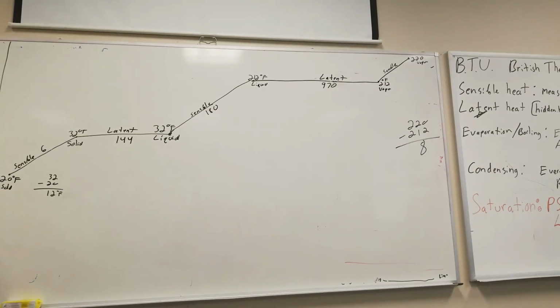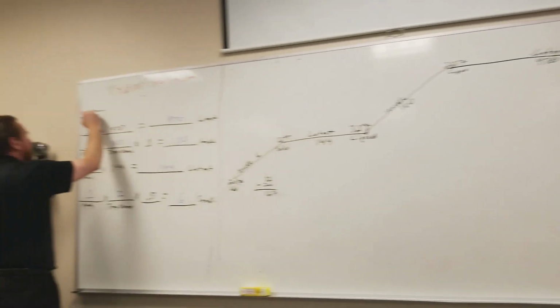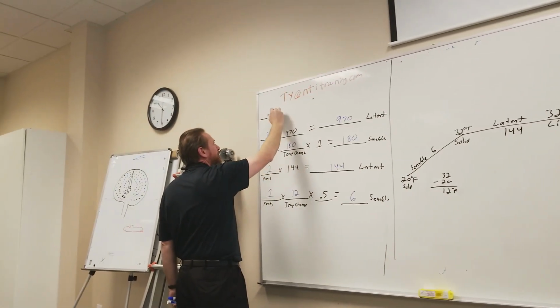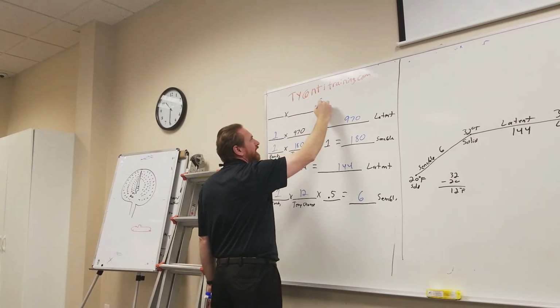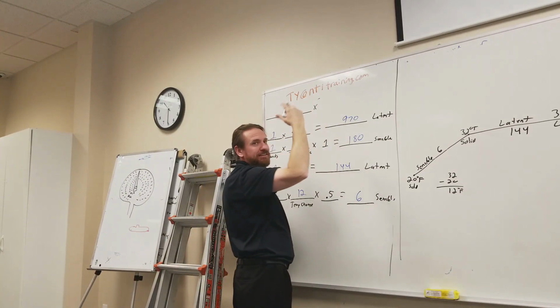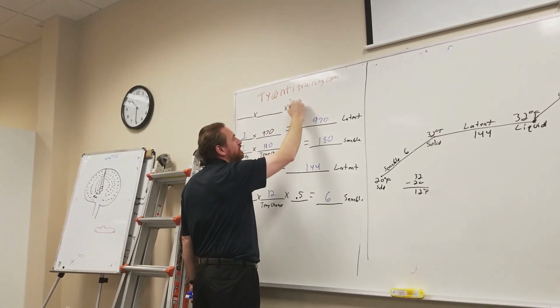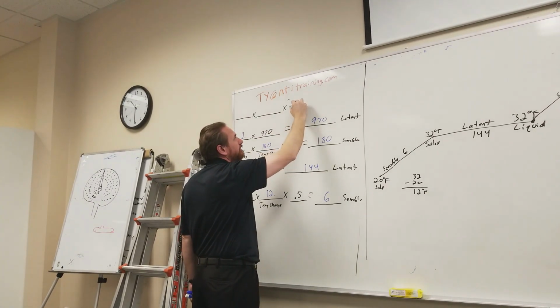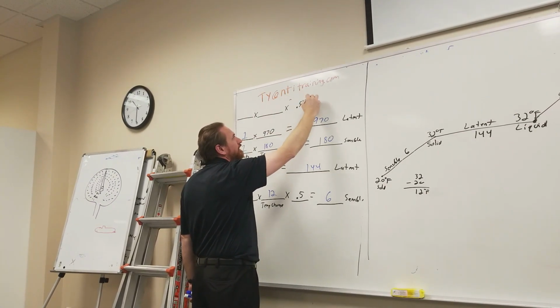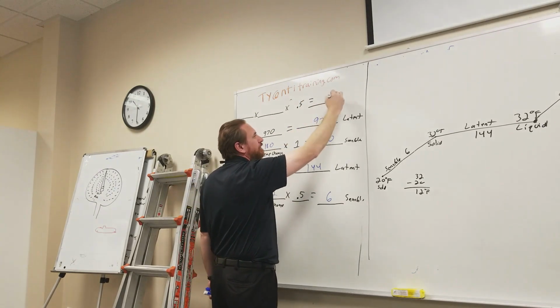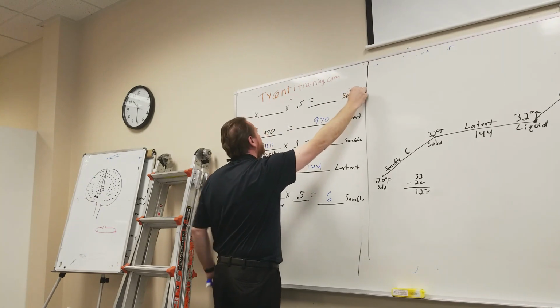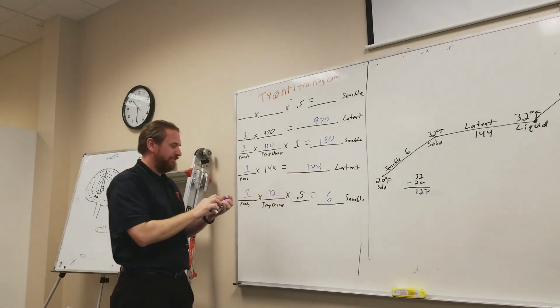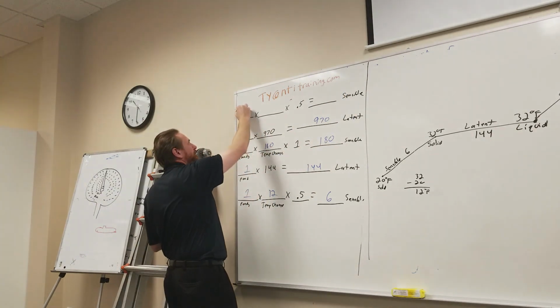So still a little formula here. We have blank pounds of vapor times blank temperature change times, and again, because we have a density change, specific heat is going to change to 0.5 equals blank BTUs of sensible. So we have how many pounds? 1 pound.